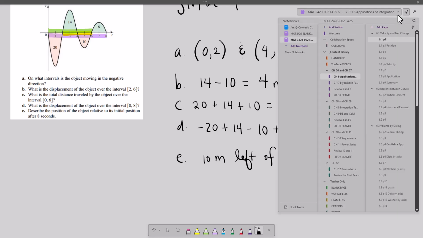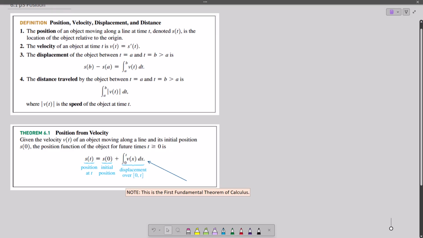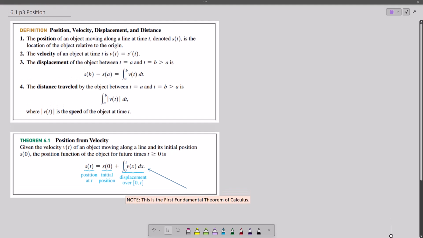All right, let's go to this slide. So this kind of summarizes where we're at. So the position of an object moving at a line at time t is S of t. The velocity is S prime. So if you have a position function and it's continuous, you can take its derivative and get the velocity.